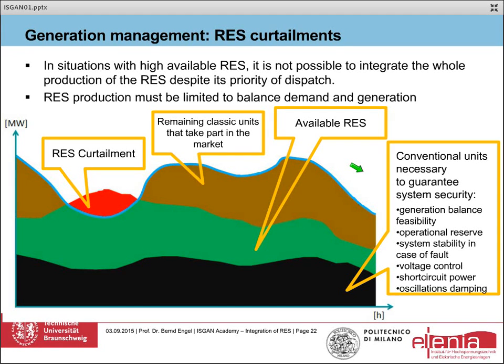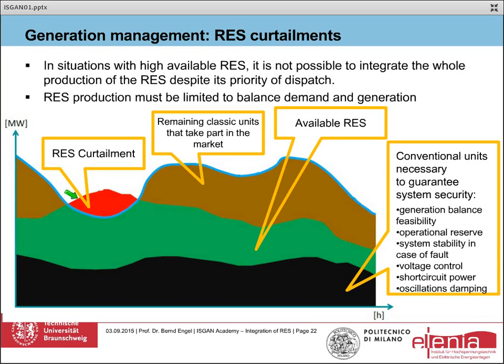So we have here in black the must-run units, in green the renewable energy sources, and in brown the remaining classical units that take part in the market, and we have the load curve.